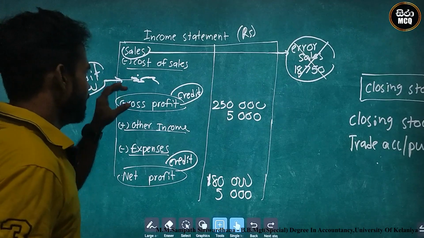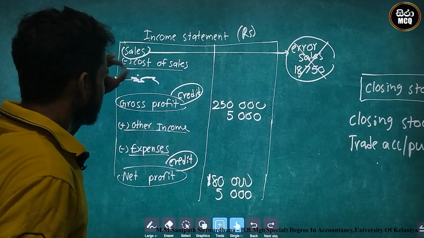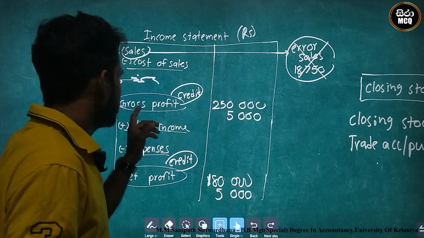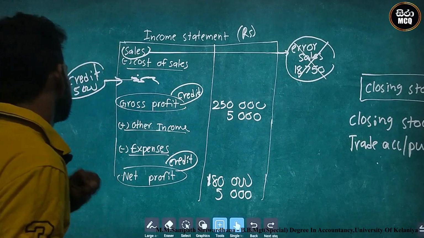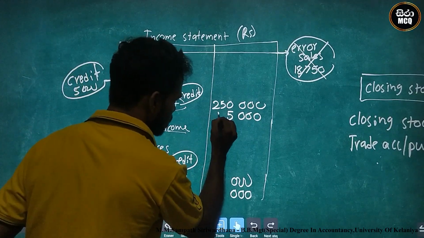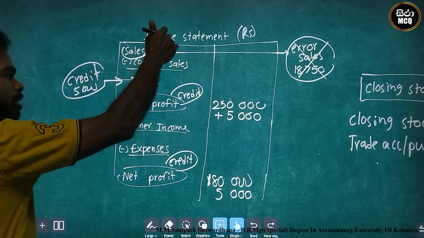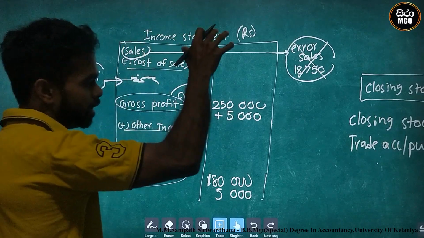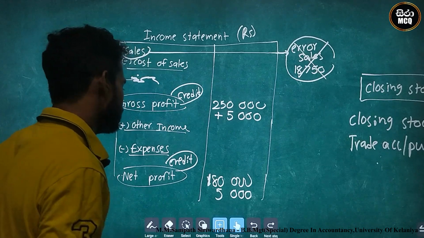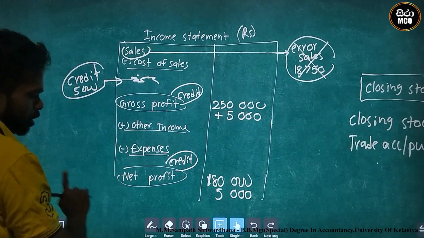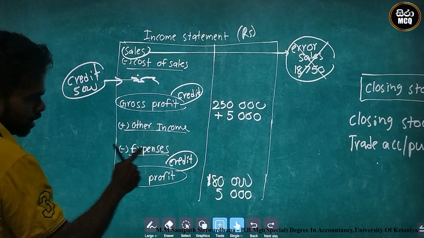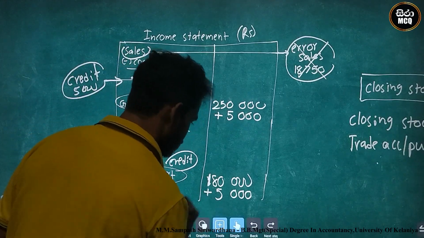The credit short is impacted to this area, therefore gross profit must be impacted. Gross profit is a credit short, and this should be plus. The top of the area is impacted, therefore the bottom is already impacted. Therefore this credit short impacts net profit. Credit short to credit short, we must add this.